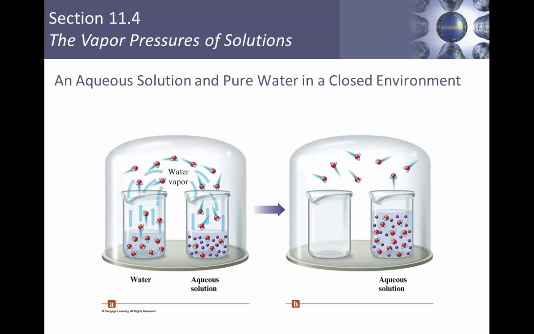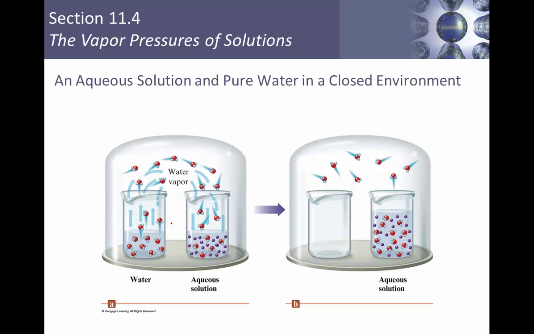But what happens now is the solute in this solution is lowering the vapor pressure of this solution. So as more vapor ends up on top of it, the aqueous solution absorbs that vapor because it's trying to decrease the vapor pressure so that it can get back to equilibrium.